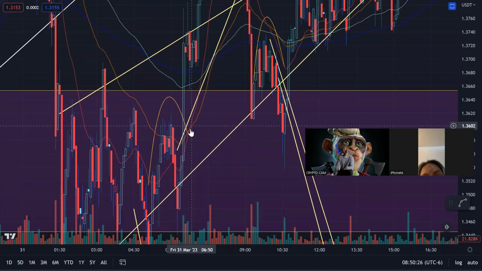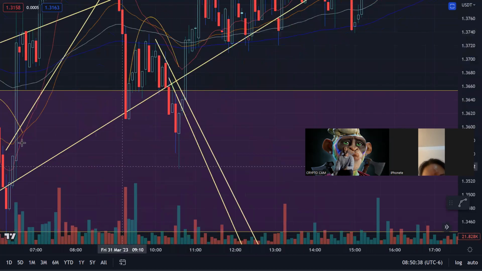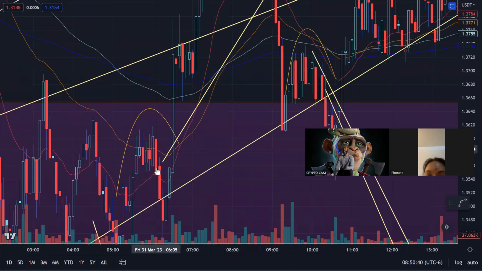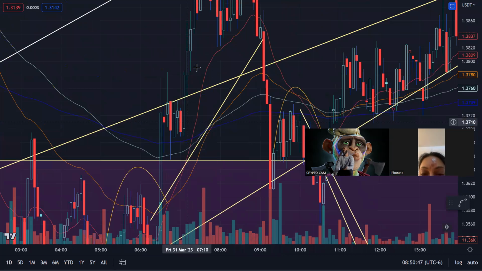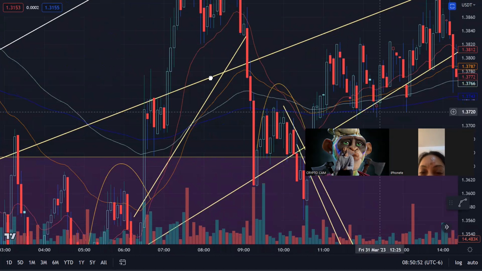So you can see the moving averages are pointing up, almost 1 to 2 o'clock. This red candle is price going down, this green is price going up. When the EMAs are moving up, you have price moving higher. And the moment they start to turn down, price does likewise.